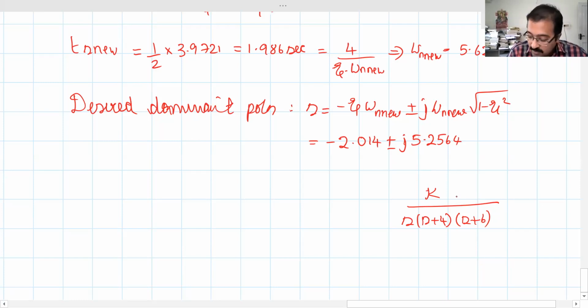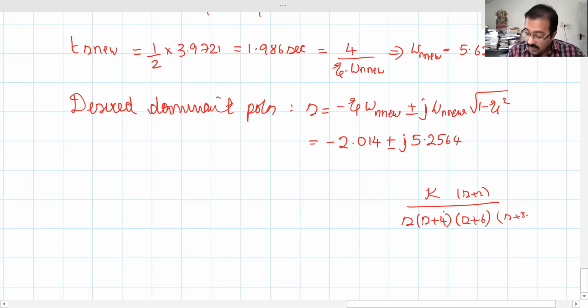Otherwise, for example, you get s plus 2 and by calculation s plus 30 point something. Originally the system was third order, and now the order has increased. So instead, I will choose the compensator zero so that it cancels with one of the plant poles, so that the order remains the same.